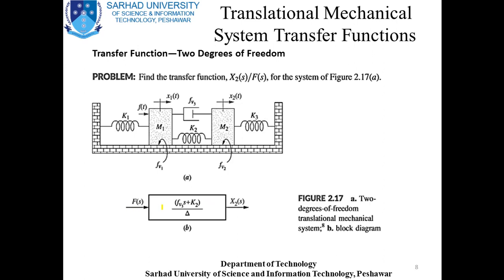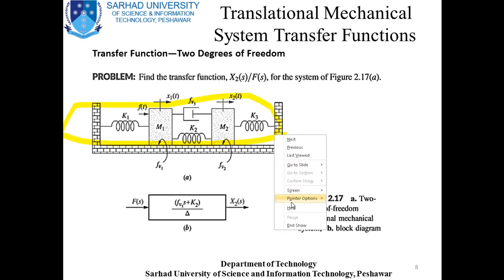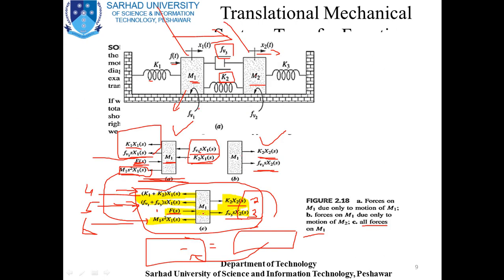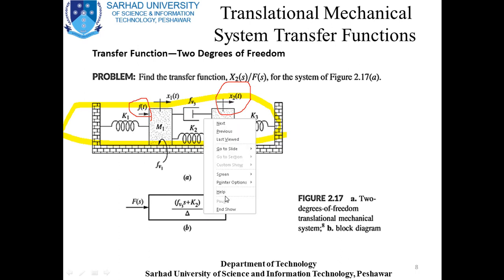If you take this system and someone asks you to find the transfer function, where the output of the system is X2(s), the displacement of the second mass, and the input is the force on the first mass, you can easily find the transfer function using these two slides. The transfer function comes out to be this equation, and this delta is representing the determinant of the big matrix, the first matrix.